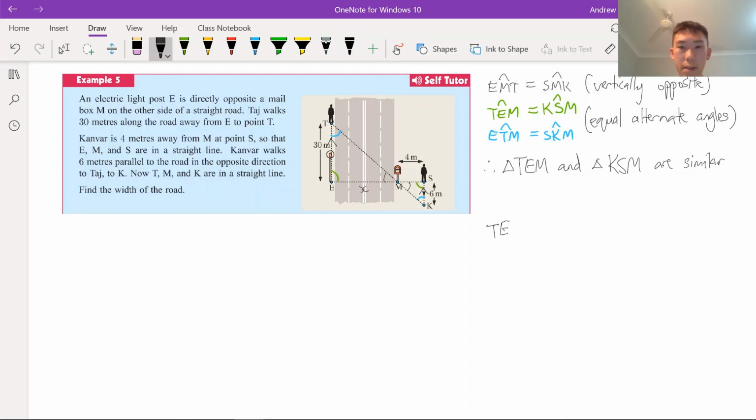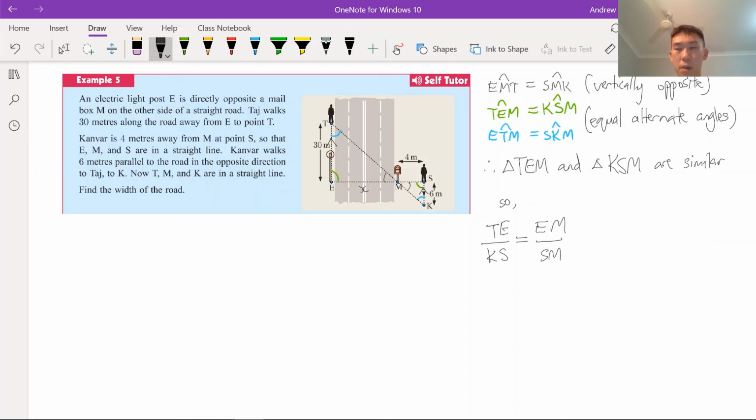Have a look at that. So if I divide the two, I pick TE first because that's the larger number, and if I do 30 divided by 6, I get nice number 5. Alright, that's why I picked it. You could do this in any order. So TE over KS should be in the same ratio as, let's start with our bigger triangle, EM over, so EM corresponds to SM.